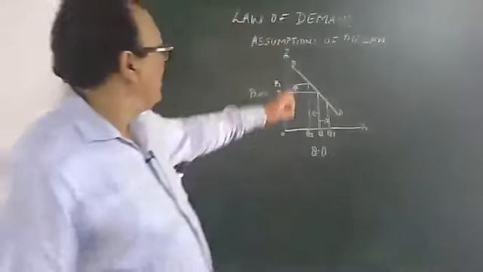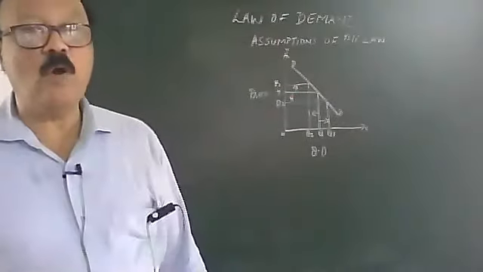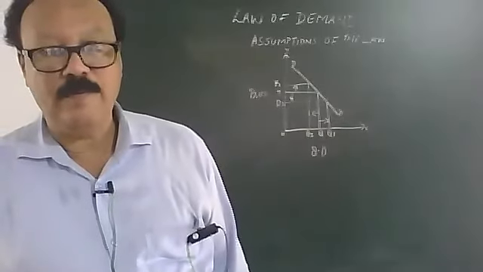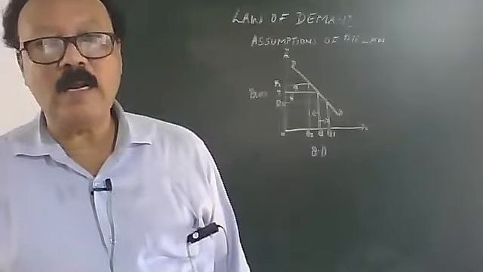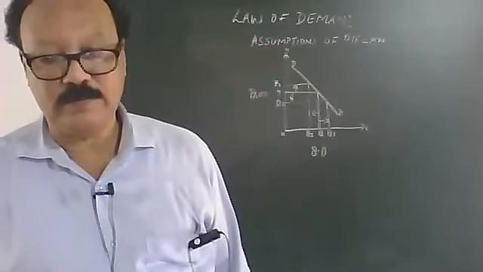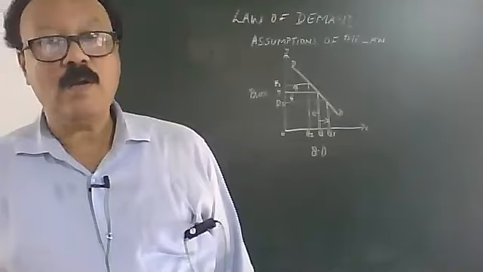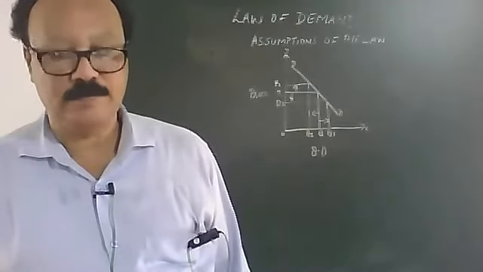Can you see the demand curve is always a negatively sloped curve from the left to the right. So why does the demand curve slope downwards? Or the question could be asked, why does the law of demand operate?